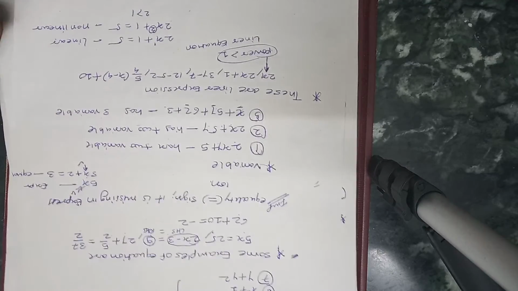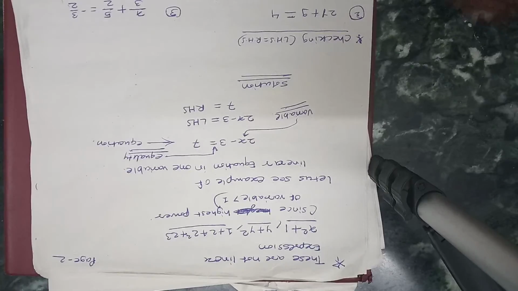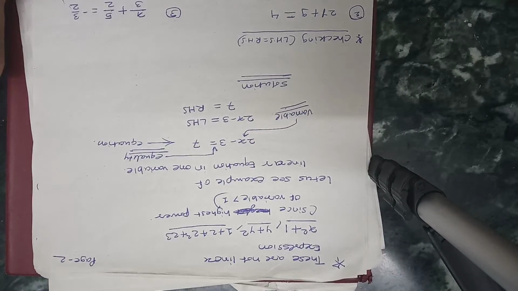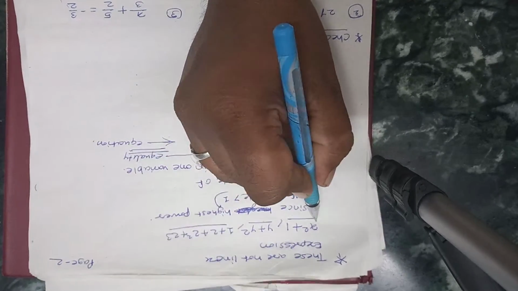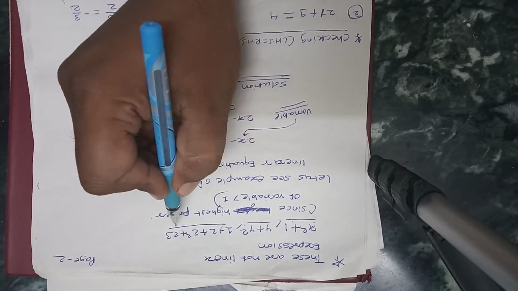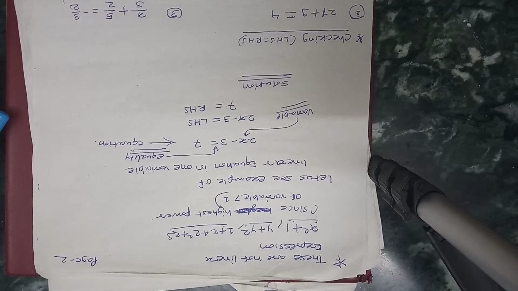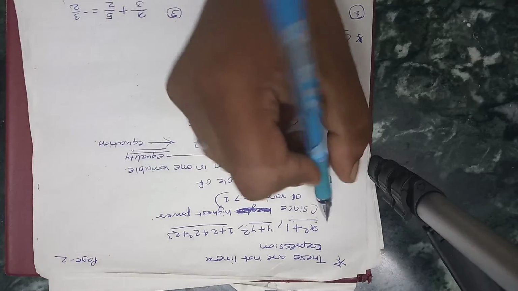Let us see some more examples. I have already said x square plus 1, y plus y square, 1 plus 2 plus z square plus z cube. These are all examples of non-linear expression because they have variable power greater than 1. Here I mentioned the same thing.